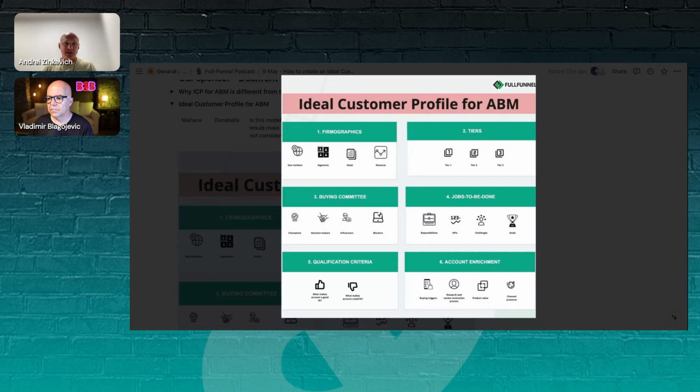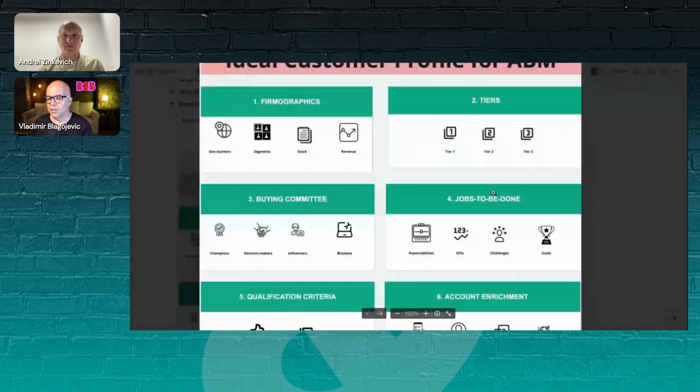And the next element is account tiers. Let's cover this one. Basically, in account-based marketing, it's not actually surprising to have an account that can generate at least 5-10x, even more revenue than, let's say, an average account. You can't treat them the same, right?